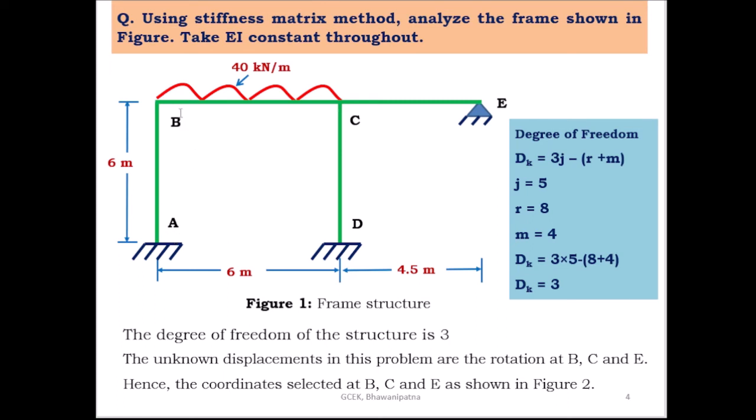You know the fixed end moments at the end of each member, and you know the rotations at B, C and E: theta B, theta C and theta E. Rotation at A is 0 and rotation at D is equal to 0. So using these values, find out the moment at the end of each member.